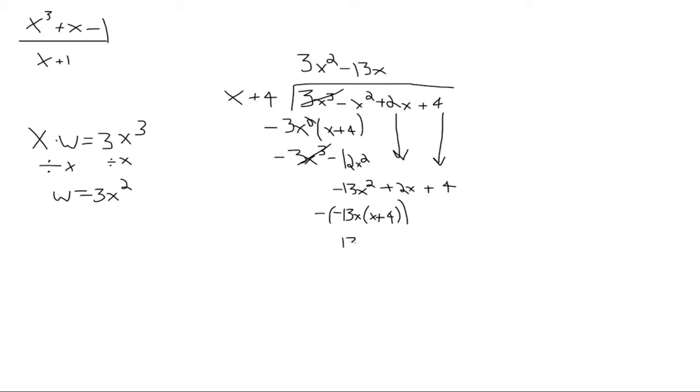So it's 13x times x plus 4, and that is the same thing as 13x squared. And by the way, now we're adding it, right? Notice how the negative signs canceled out. So now we got 13x squared plus 13 times 4.